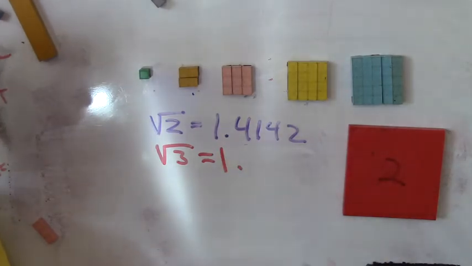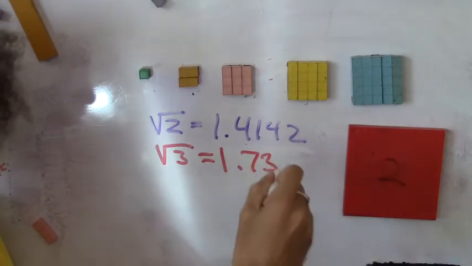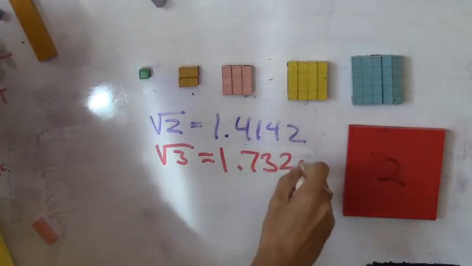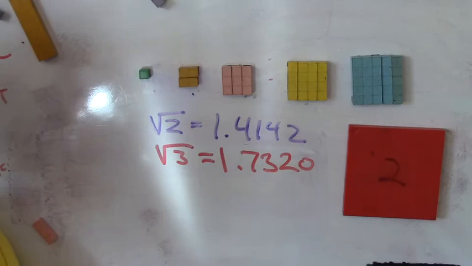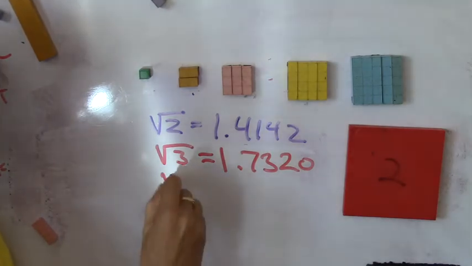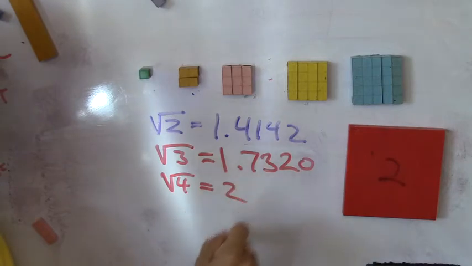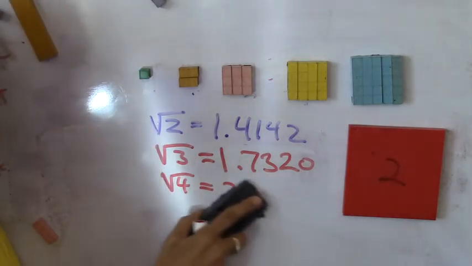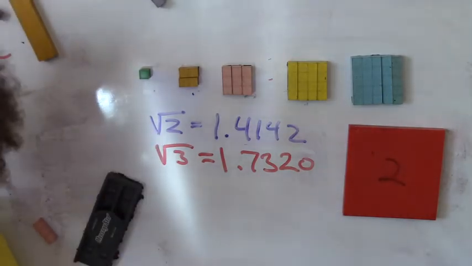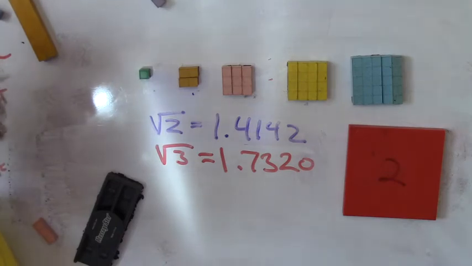These are numbers you should be familiar with. And the square root of 4 is super easy, that's just 2. Your calculator only goes 7 places.